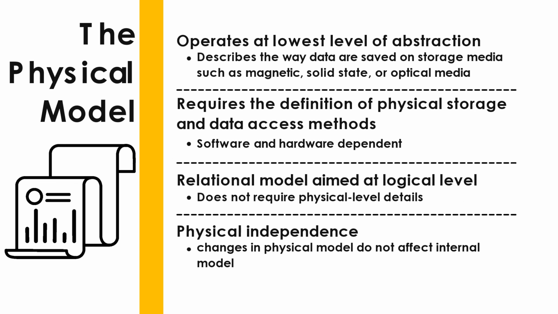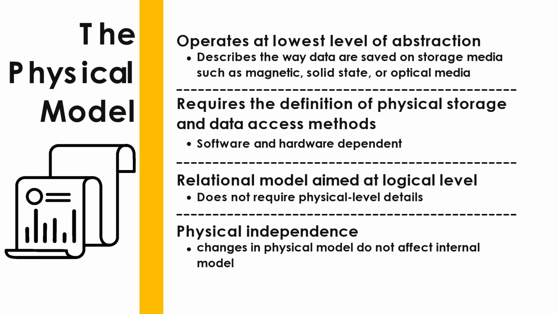And lastly, we have the physical model, which operates at the lowest level of abstraction. It describes the way data are saved on storage media such as magnetic, solid state, or optical media. It requires a definition of physical storage and data access methods, so you can see that it is software and hardware dependent.